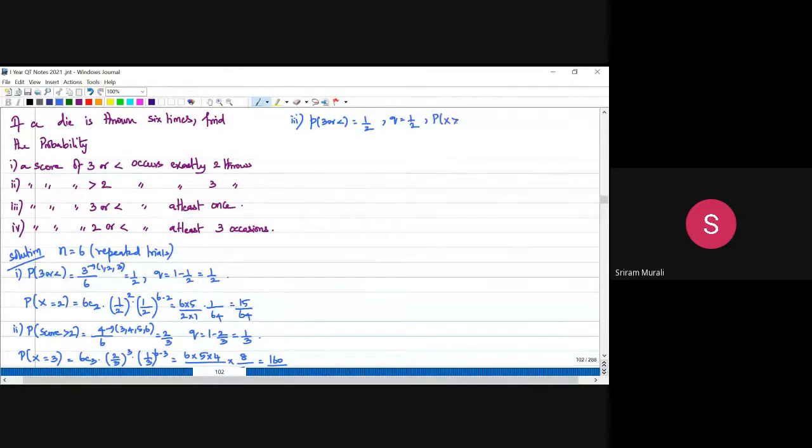Minimum 1 means it is more than or equal to 1. That is equal to 1 minus P of X less than 1. Less than 1 means it is nothing but 0. 0 means it is 1 minus 6C0 p power 0 q power 6 minus 0. So the answer will be 1 minus 1 by 64, that is 63 by 64.